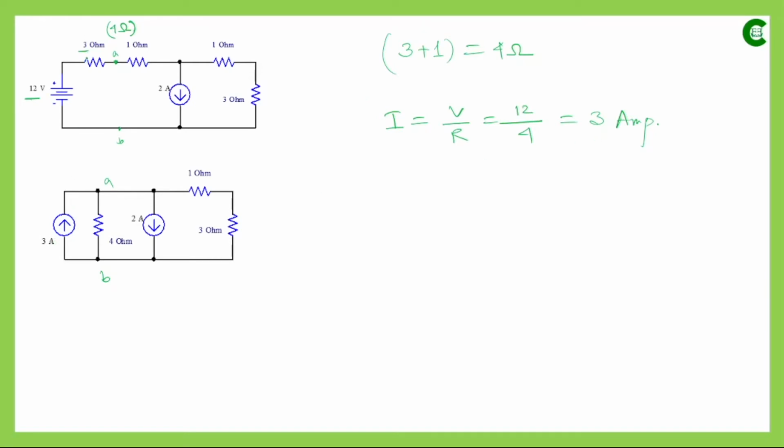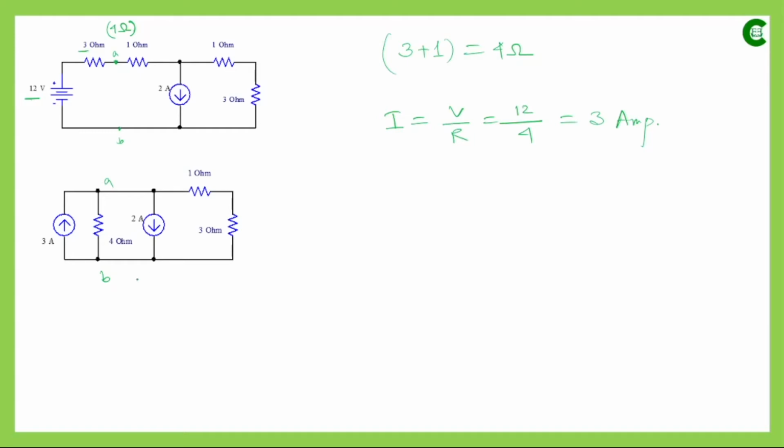In the original circuit we had this 3 ohm connected in series, and in the transformed circuit 3 plus 1 gives an equivalent resistance of 4 ohm, which was connected in series with the voltage source. This time that 4 ohm will be connected in parallel with this current source.